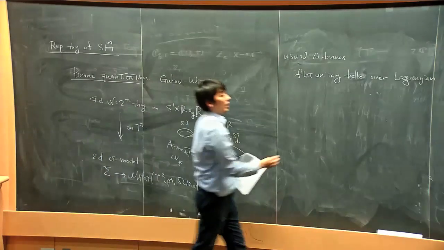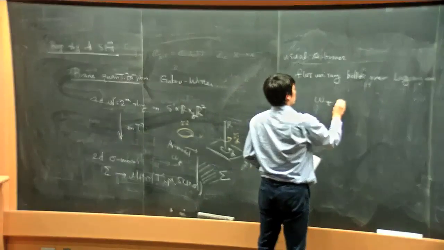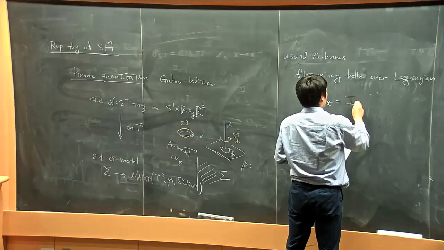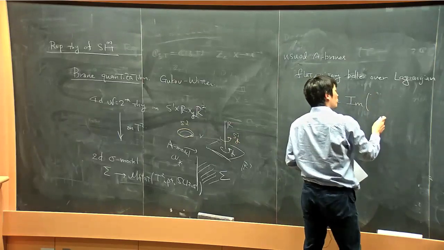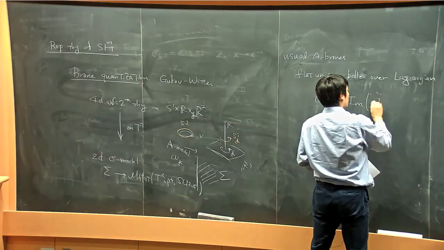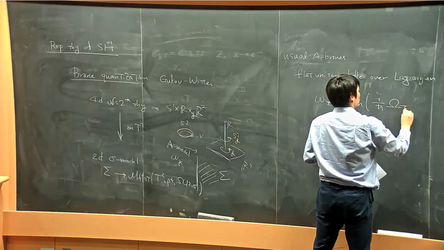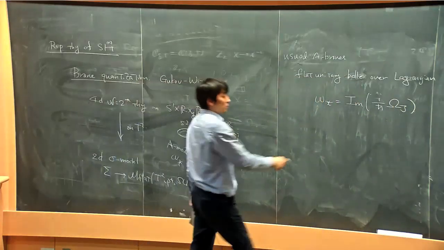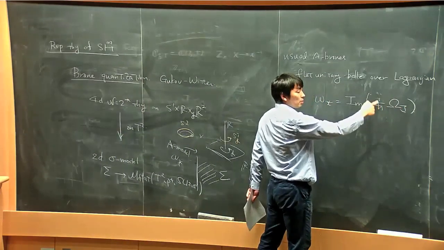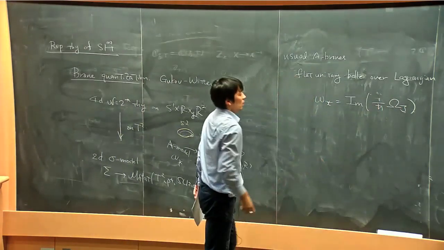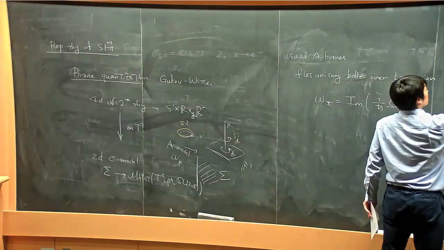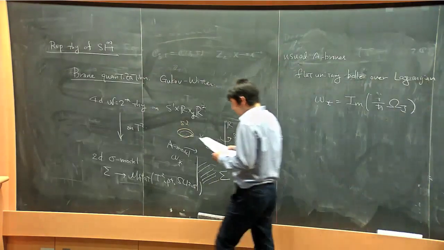And the omega x is indeed the imaginary part of the holomorphic symplectic form with respect to J, scaled by I over h bar, where h bar is some complex parameter.